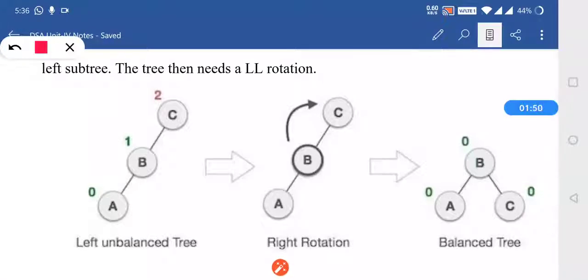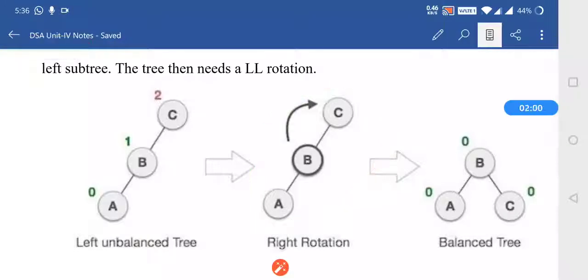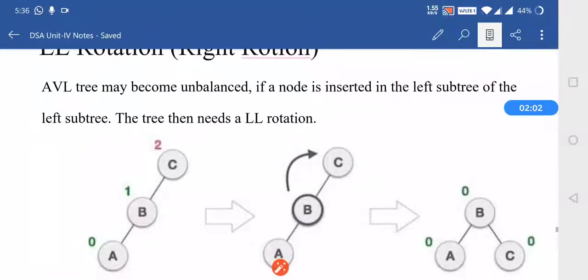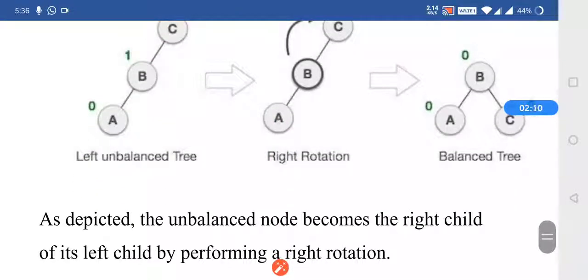So for that, first we will perform the right rotation. Whenever there is the LL case, the node is inserted in the left subtree and then the LL rotation is performed. The unbalanced node becomes the right child of its left child by performing the right rotation.